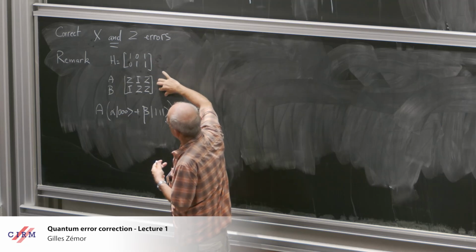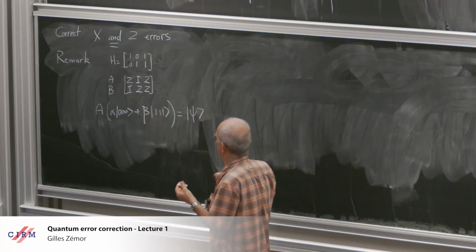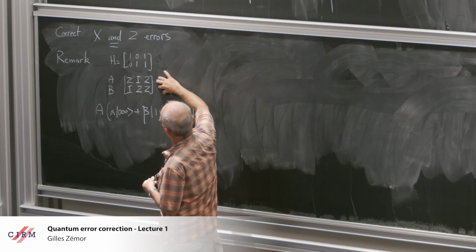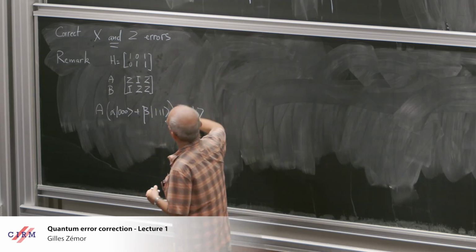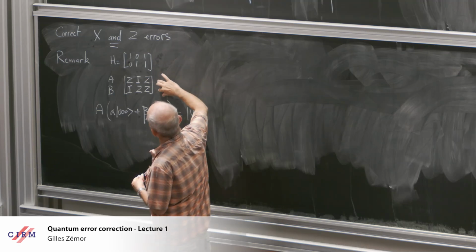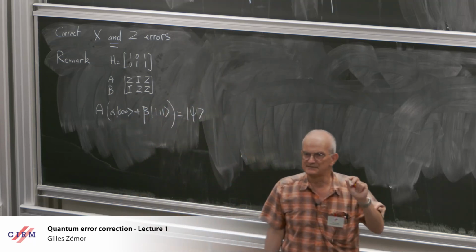And it turns out that this has something to do with being stabilized by these two operators that are some sort of translation of our classical matrix here. Notice that these two operators only contain identities and Z's.